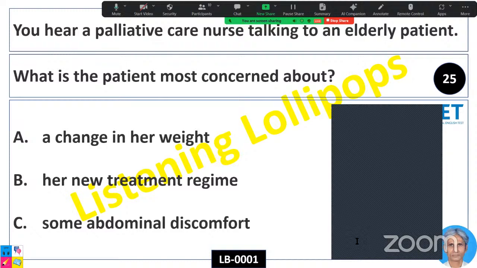Find out one word, that's enough. Very good. Option C.